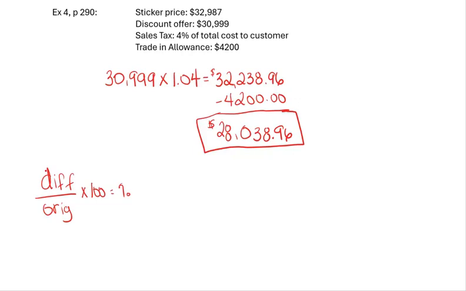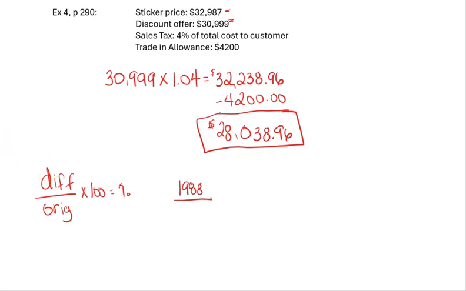We're going to take $32,987 and we're going to subtract $30,999 from that to get $1,988. And that's my difference between this sticker price and the discounted price.